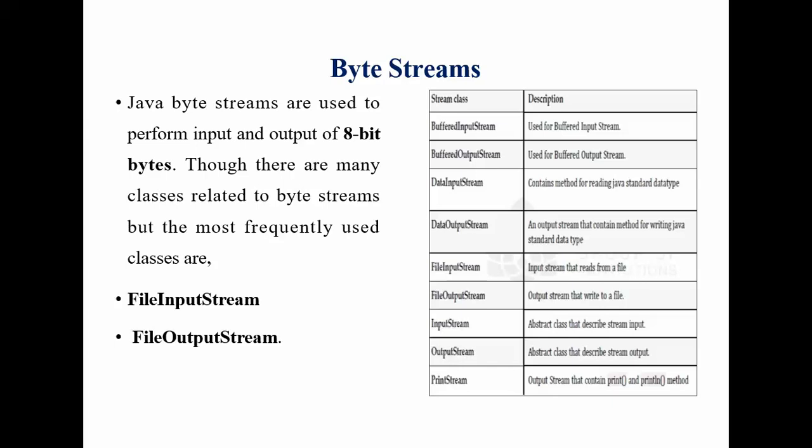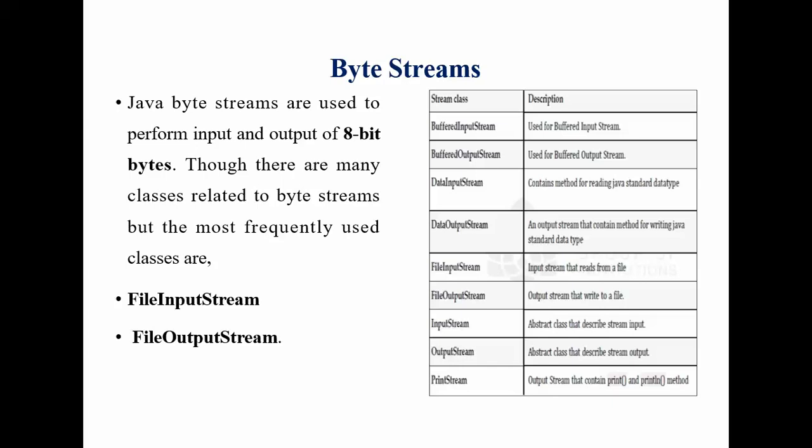We classify the stream into two types: one is byte streams and the second is character streams. Let us discuss what byte streams are. Instead of reading the data character by character, in byte streams, as everybody knows, 1 byte is equal to 8 bits. We read the sequence of data 8 bits at a time.